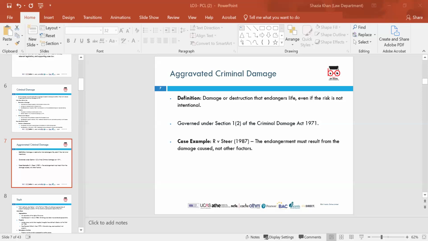Deliberately causing damage or destroying the property of another person is a criminal offence. Aggravated criminal damage is endangering someone's life through the destruction or damage. The case example for that was the case of R and Steer 1987, where the endangerment must result from the damage caused, not other factors.